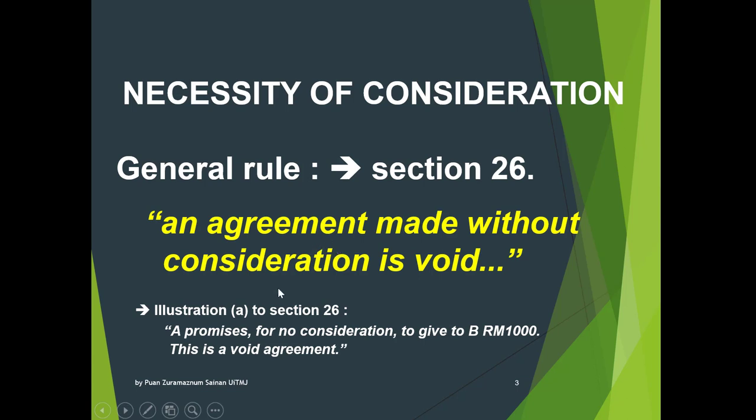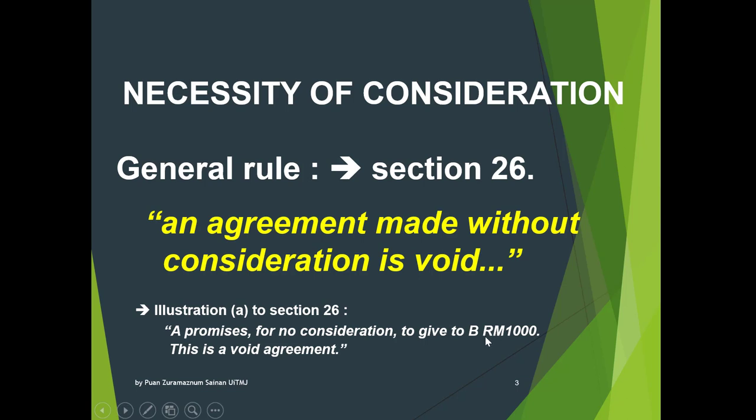Okay, so for example, let's say the illustration from that section saying that A promises for no consideration to give B 1,000. This is a void agreement, meaning the promise made by A is not binding. Why? Because there is no consideration from B for A's promise to give B 1,000 ringgit.